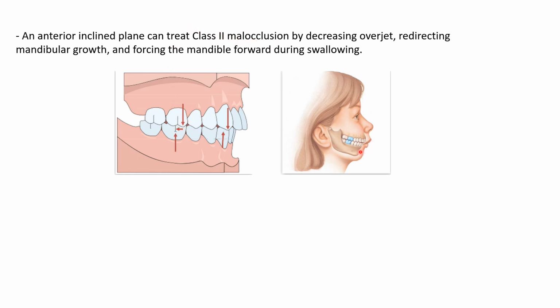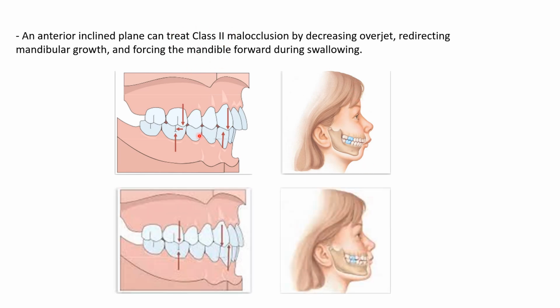So you can make out here, it is a retrognathic jaw. The jaw has come backward, not in the center line, so that makes a malocclusion. That is known as class 2 malocclusion. This is how the normal is supposed to be. You can make out here the first buccal cusp of the mandibular first molar is supposed to lie in between the maxillary second premolar and the first molar.